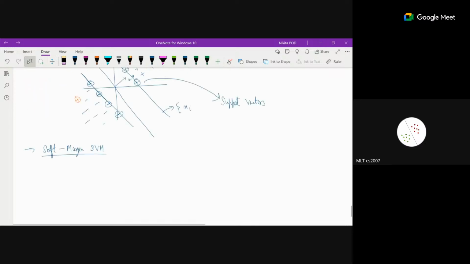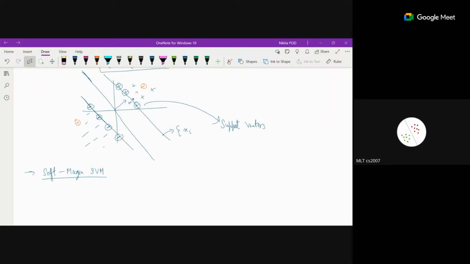Let's say this data point is negative, on the negative side, right? If I take this W star, then I know this W star is going to classify every point correctly except these orange points, right?